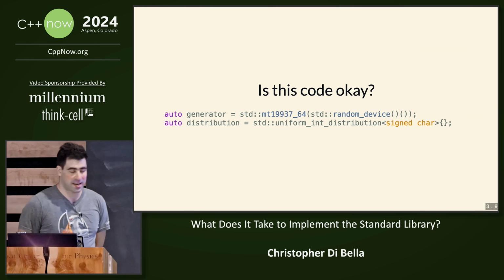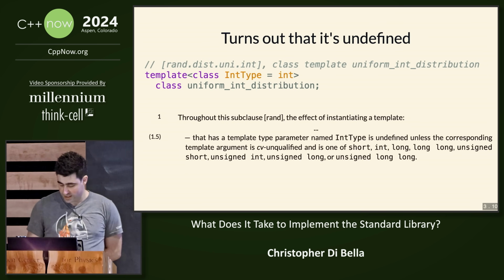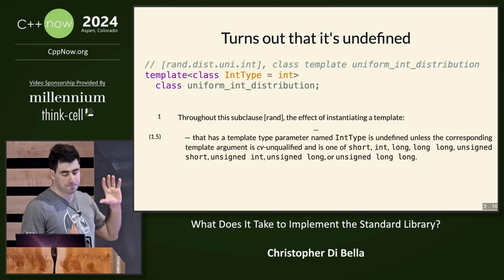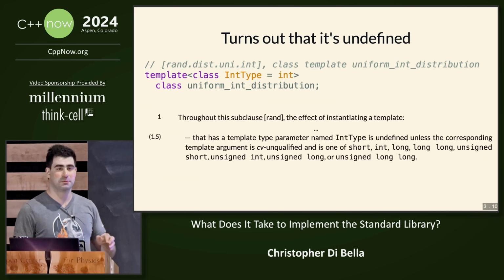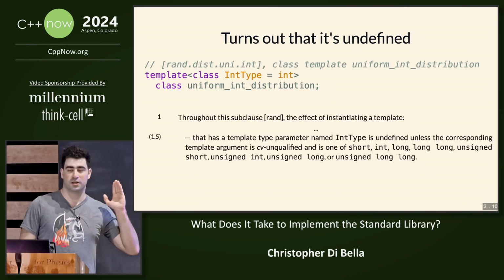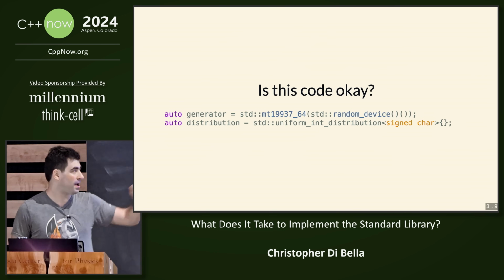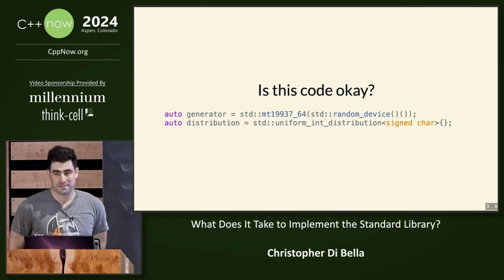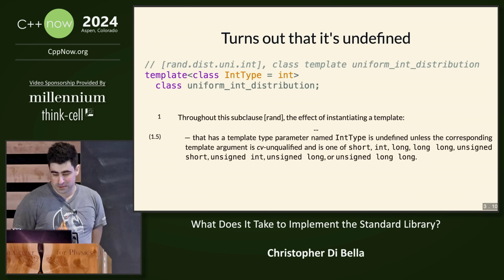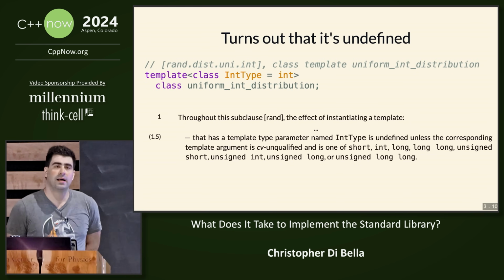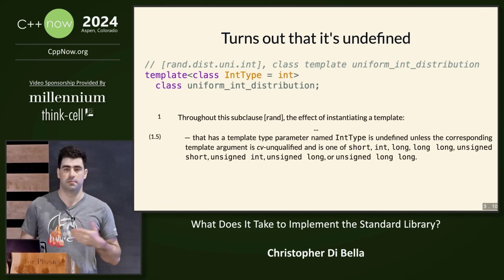And so it turns out that this code is actually undefined. The reason is that the standard says that uniform int distribution only works for types between the range of short and long. Signed char is not in that range. And so our uniform int distribution is in fact undefined as it is on screen. There was a large code base that uses one of the major implementations.